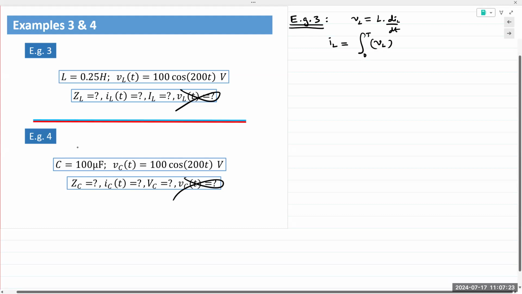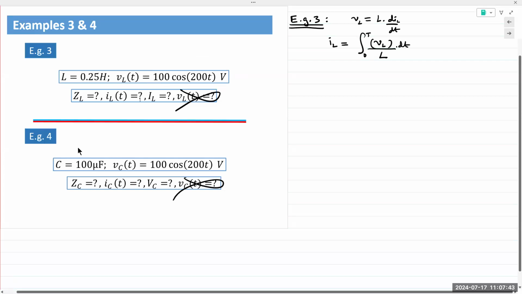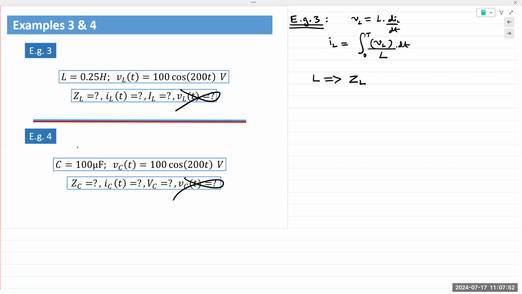VL, and then divide by the inductor value. We'd have to perform this expression. Obviously, we can integrate this expression and perform the math, but an even easier way exists: if we represent the inductor with its impedance, then we can apply Ohm's law.